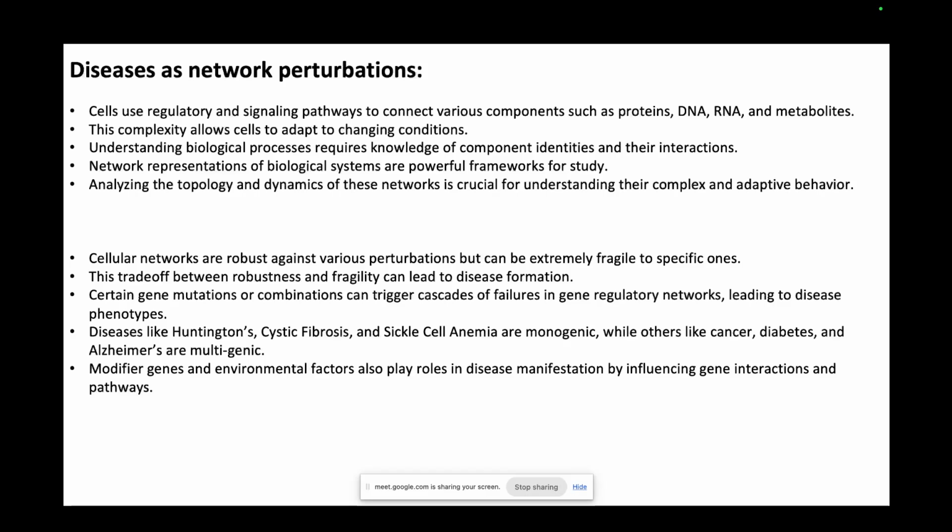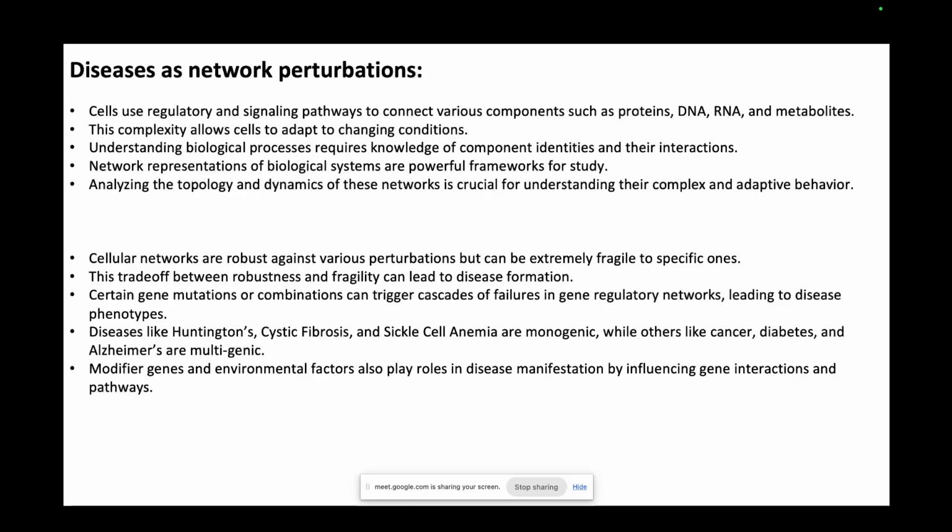Yeah. So as I was saying, these perturbations can be used to predict and understand diseases as well, and these diseases can be termed network perturbations as well.